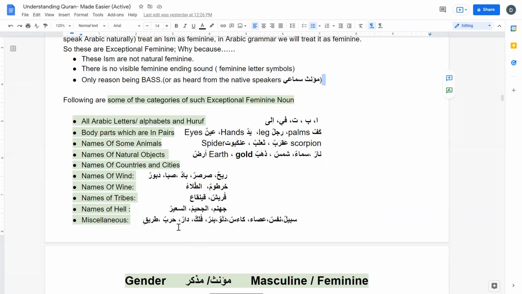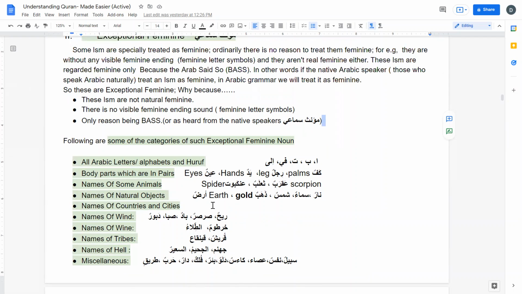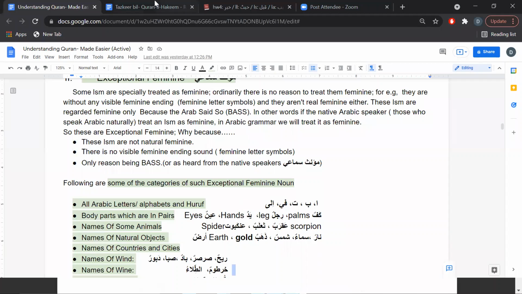And there are some specific words that are also feminine isms. Let me share that page. Actually, I have to switch.